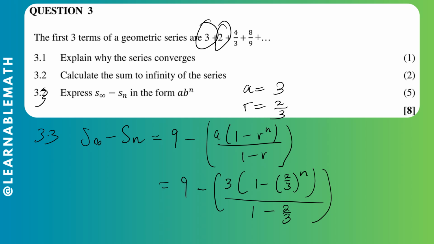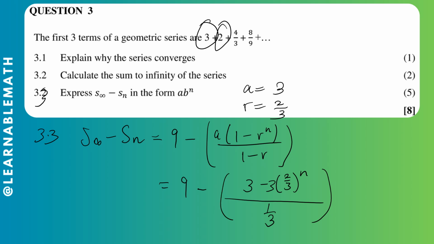We can start with the denominator. 1 minus 2 over 3 gives us 1 over 3. Then we can multiply by 3 inside the brackets, so that will be 3 times 1, which gives 3, then 3 times 2 over 3 to the power n.